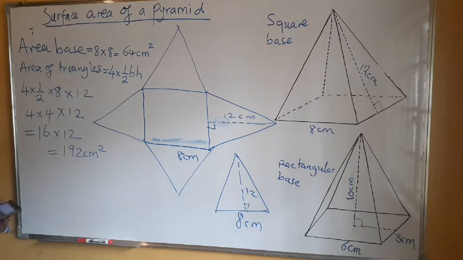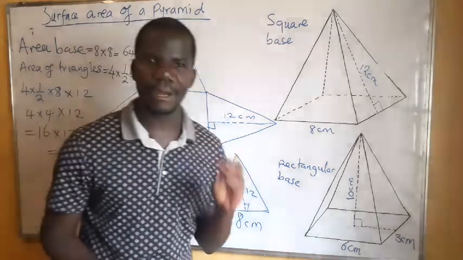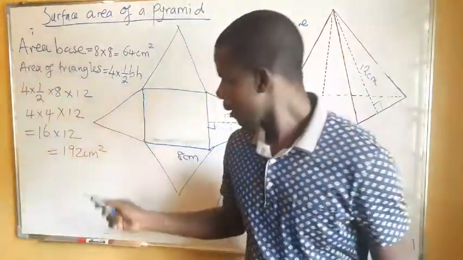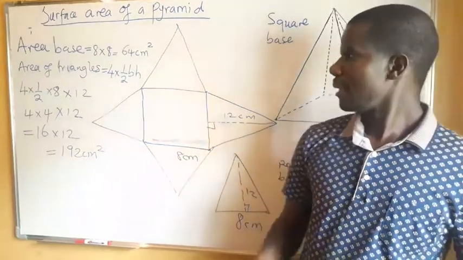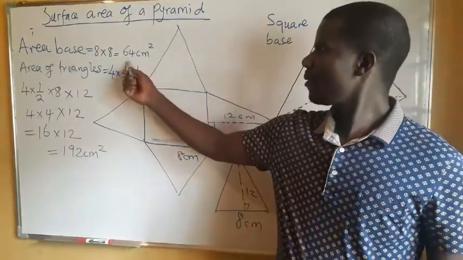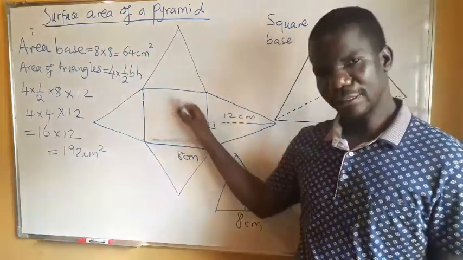So this is the total surface area of the triangles. Then 64 is the surface area of the base.